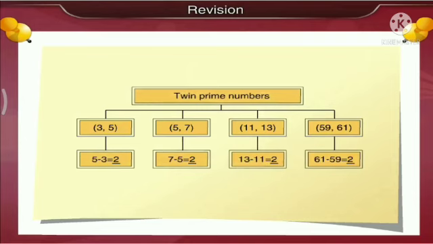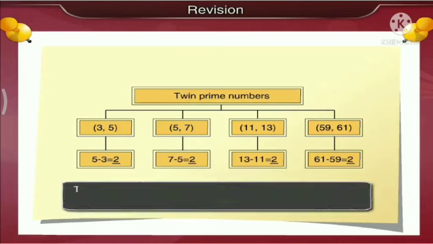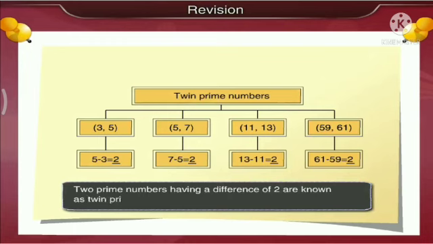Whenever two prime numbers have a difference of 2, they are known as twin prime numbers.